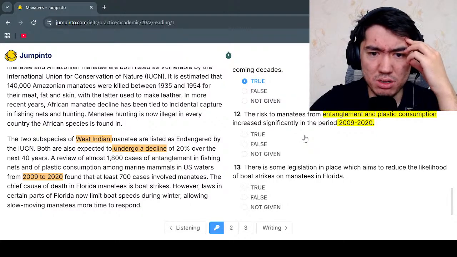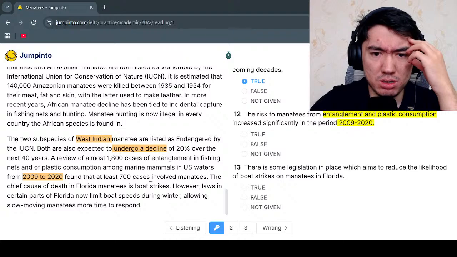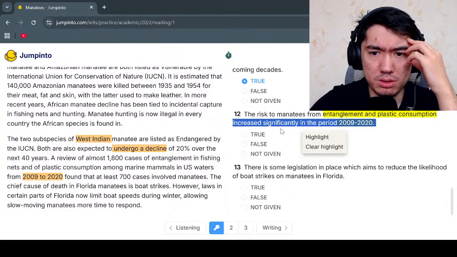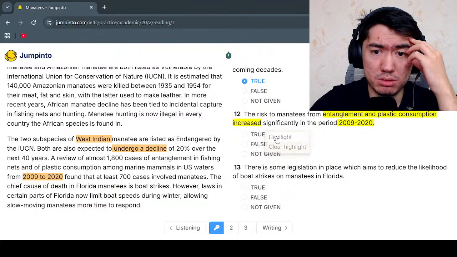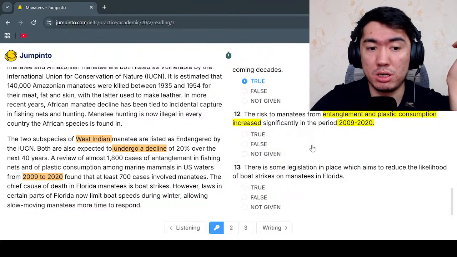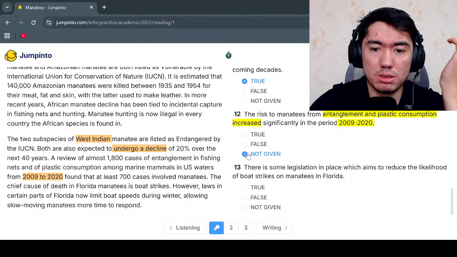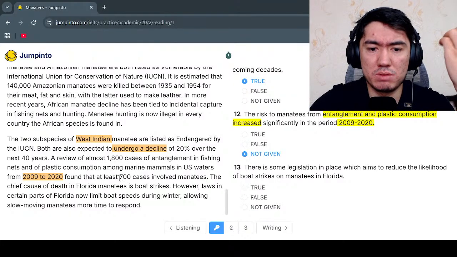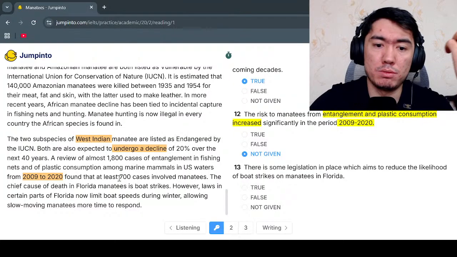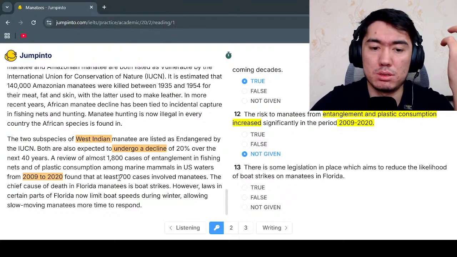Increased significantly. Do we know that? We don't know that. So the word increase is the keyword. Did it increase or did it fall or did it not change? What happened? There's nothing. It's just there were 700 cases, but we don't know if it was an increase or a decrease. Yeah.